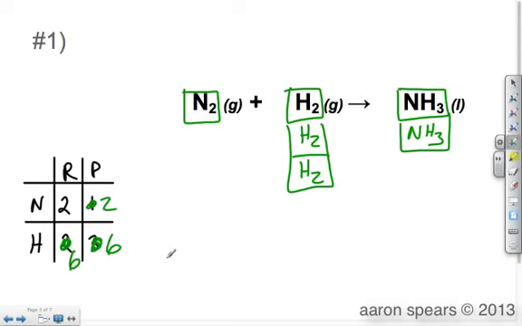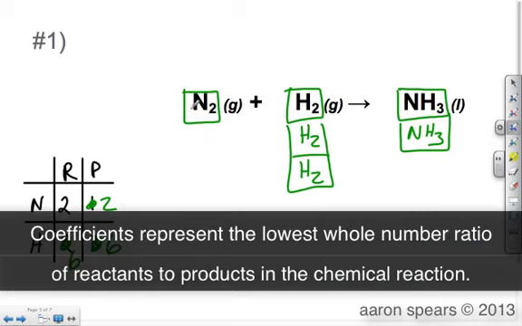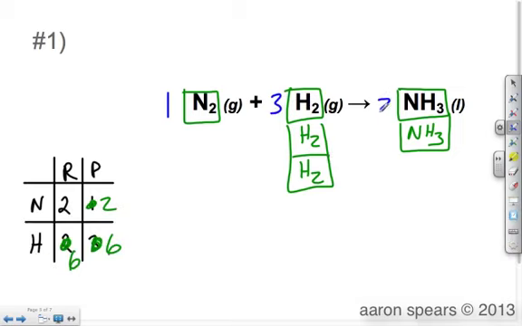I'm almost done. Lastly, I want to determine the coefficients of the reactants and products in the chemical equation. This can be accomplished by simply adding up the boxes. I have 1 box of nitrogen molecules, I have 3 boxes of hydrogen molecule, and I have 2 boxes of ammonia NH3 molecules.